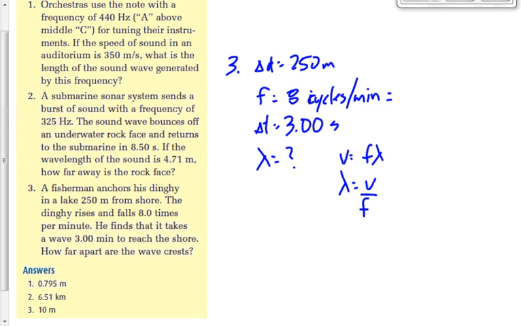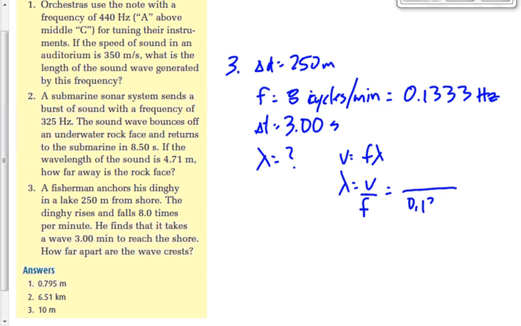So it's got to be divided by 60. What is 8 divided by 60? 0.133 cycles per second, or 0.133 hertz. All right, that's good.